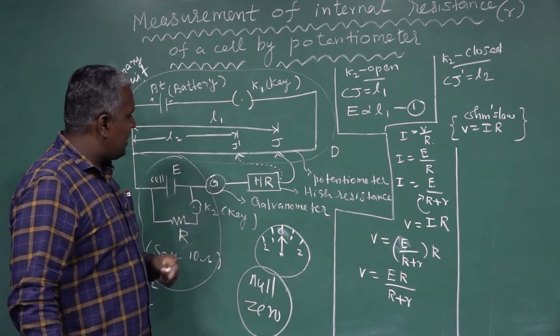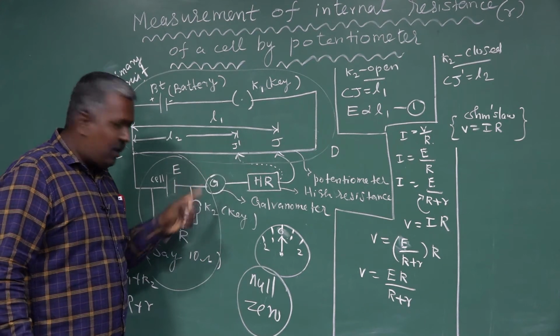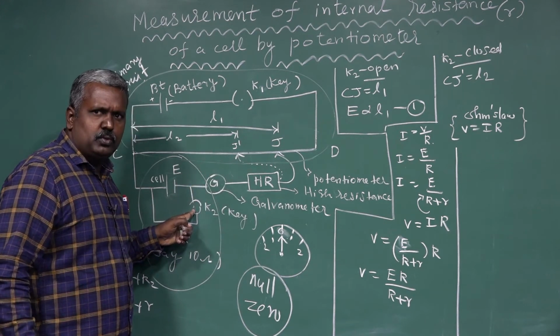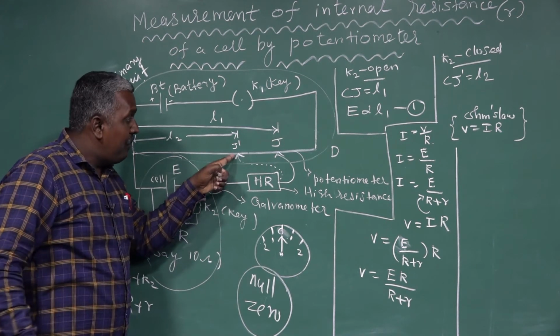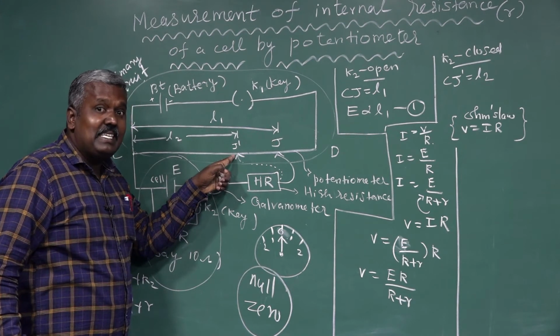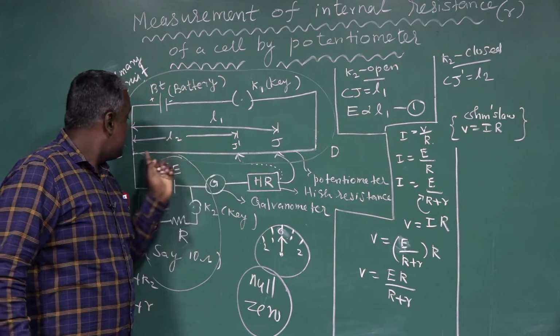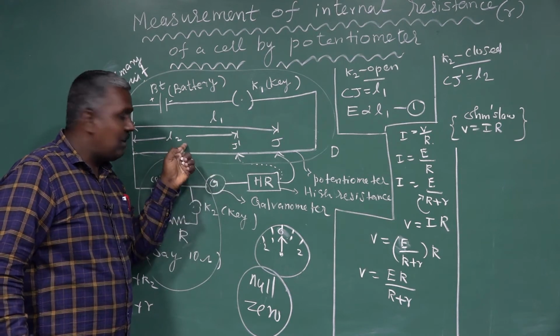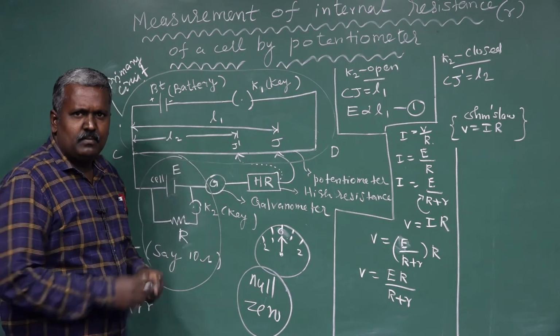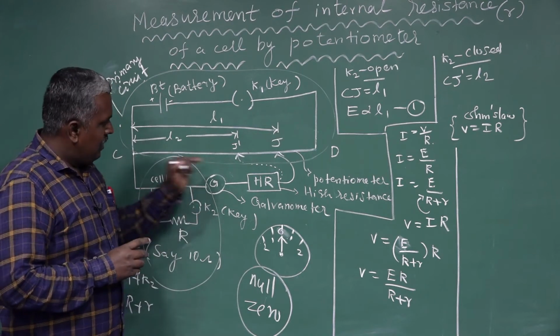In closed circuit, after pressing key K2, balancing point J dash is obtained. At the same time, the balancing length CJ dash, that is called L2, is measured. Listen properly here.